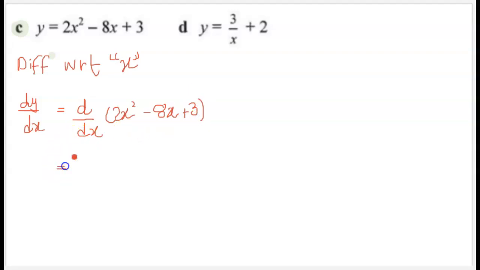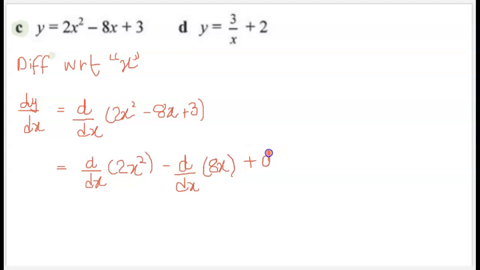Now, when you differentiate that, you differentiate the terms individually: d over dx of 2x squared, minus d over dx of 8x, plus d over dx of 3.